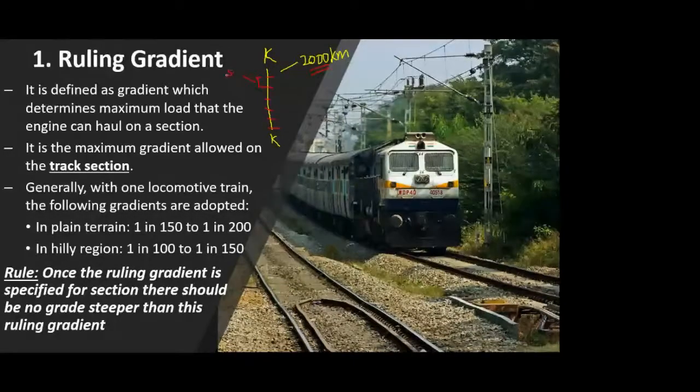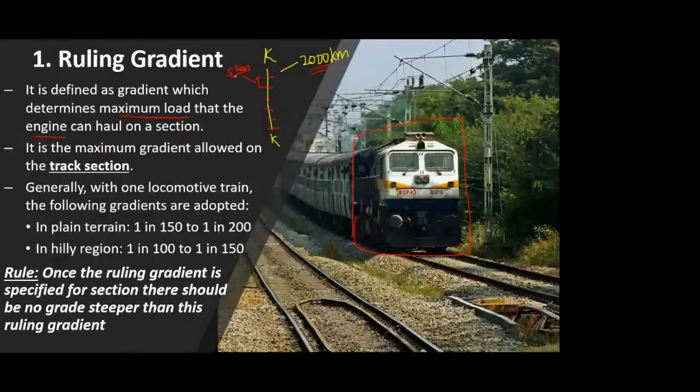So suppose it is, for example, a 5 kilometer section. In a 5 kilometer section, what is the maximum load that my engine can take? That will be determined. As you can see in this picture, you have just one engine here. Okay, it's an electric engine, so you just have one engine.